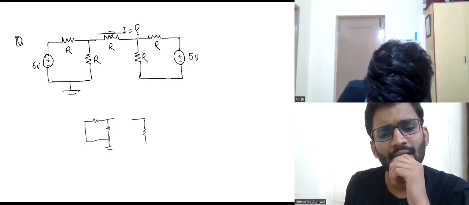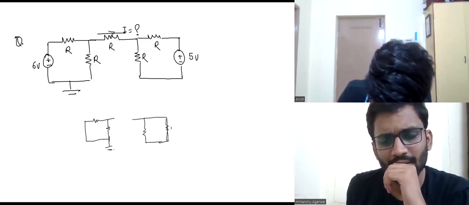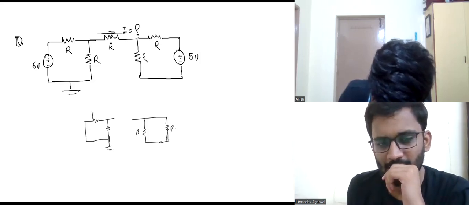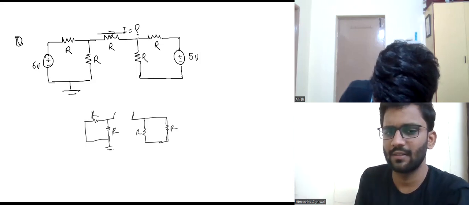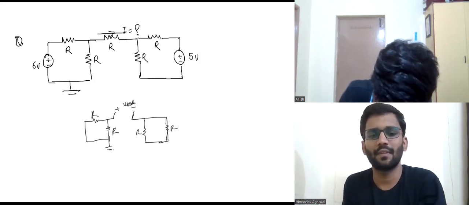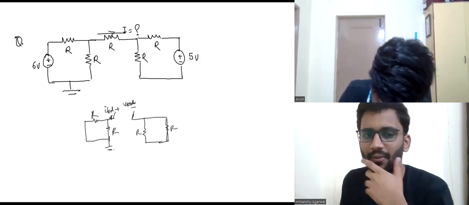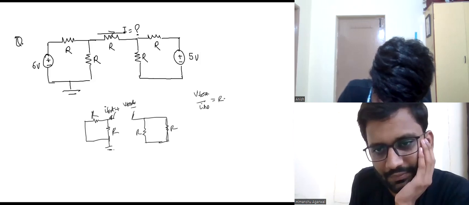Now I will short also this, but there is some resistor here, R and R, and this is R and R, right? And these are my 2 points through which I'm giving one V test and calculating the I test, right? Now V test by I test will be equal to RTH.